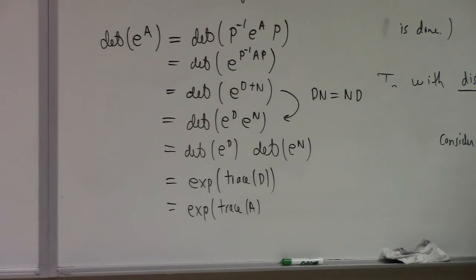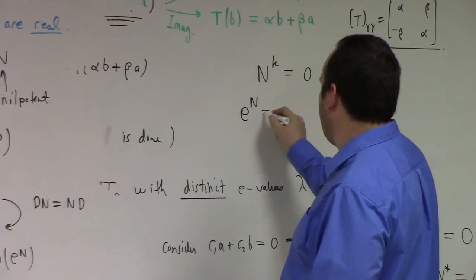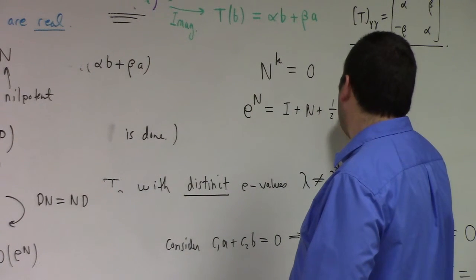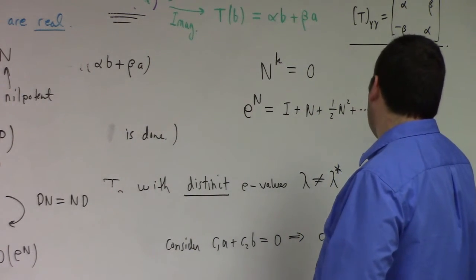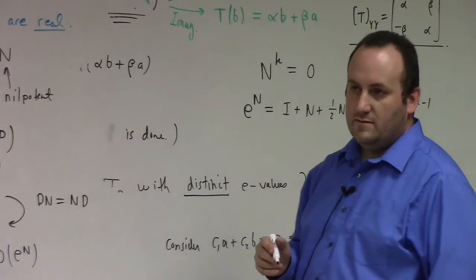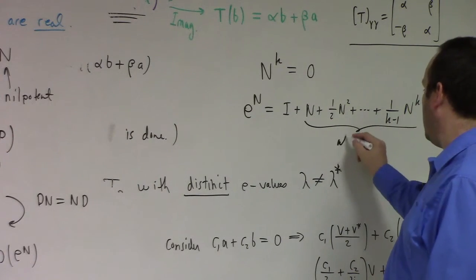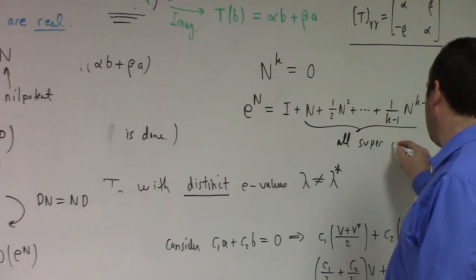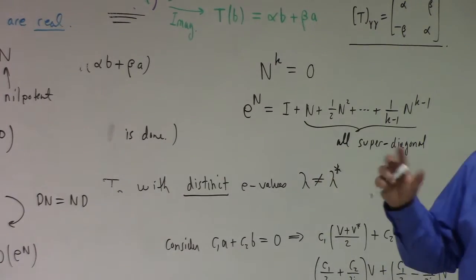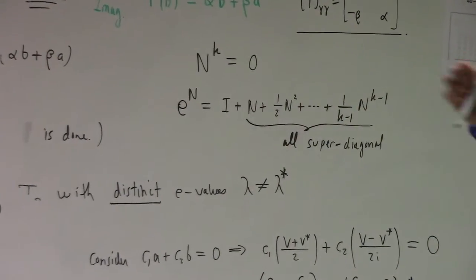N to some power is equal to 0. So e to the N is I plus N plus 1/2 N squared plus dot dot dot plus 1 over (k minus 1) factorial N to the k minus 1. If you look at the details of this, it's all superdiagonal stuff, because this is not just any N. I'm talking about the Jordan block N, those things we were tensoring with a few seconds ago, with the ones on the superdiagonal.